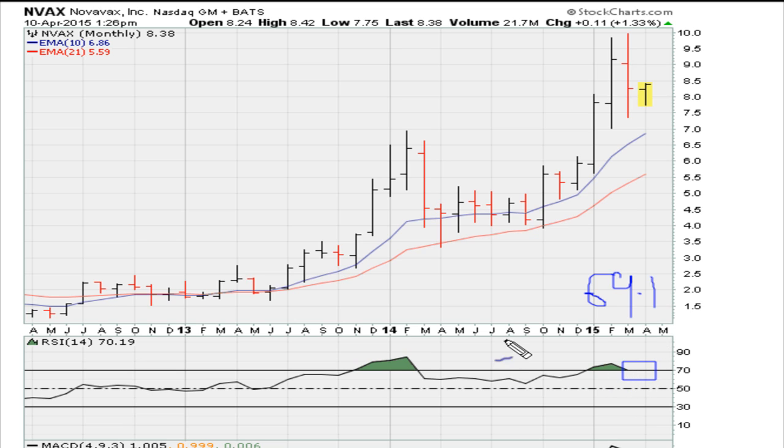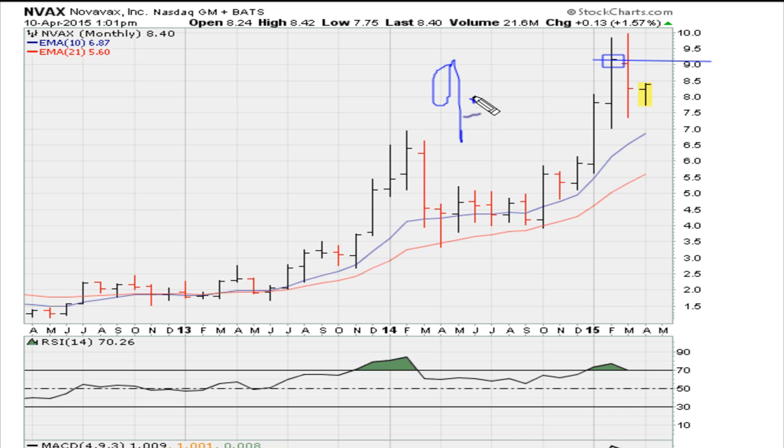And as long as this stock can stay above 69.1, then there is no reason to panic. In fact, it looks to me that over time, if it can break out above this current monthly closing high, and that closing high from about 2 months ago is at 9.15.